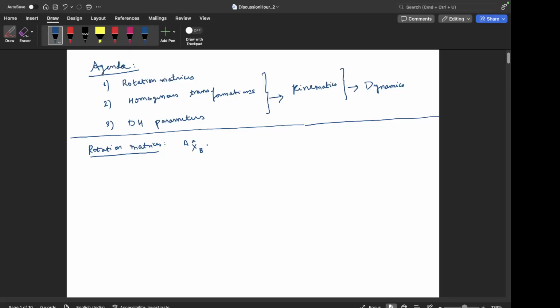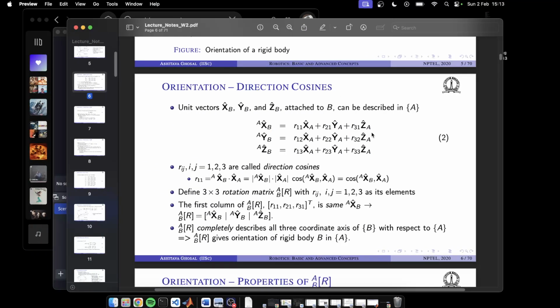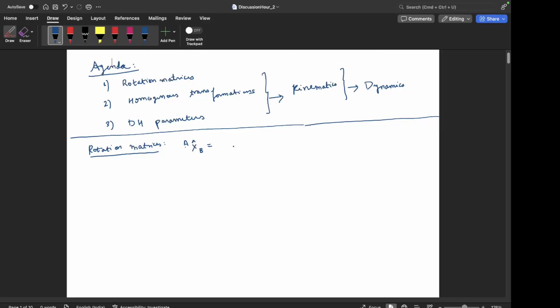So that is the description of the x-axis of frame B, the unit vector along the x-axis of frame B in frame A. That is what this notation means, right? And this is the description in terms of the unit vectors of frame A.